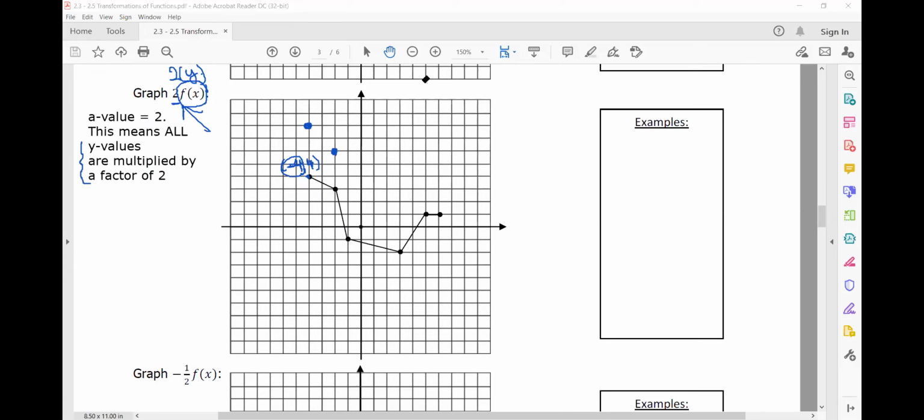Okay, the Y value here is a -2, and so? -4. Yes. And then here's a 1 and a Y value of 1. 2 and 2.